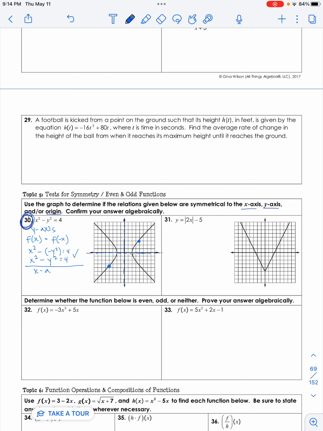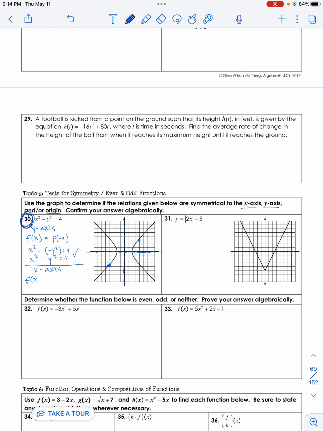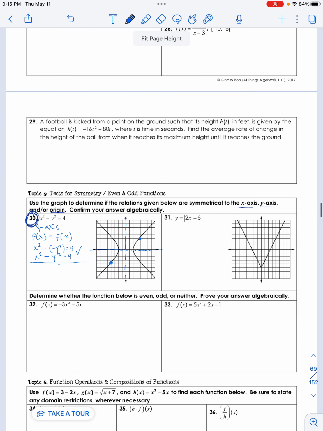Now to check x-axis symmetry, when I talk about x-axis symmetry, do I get f of x equal to negative f of x?